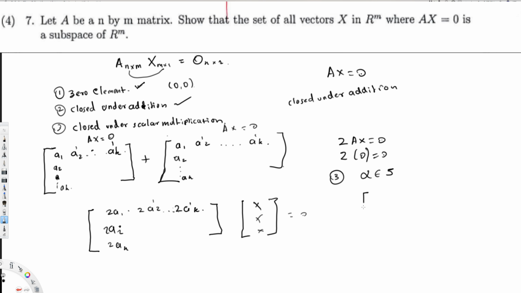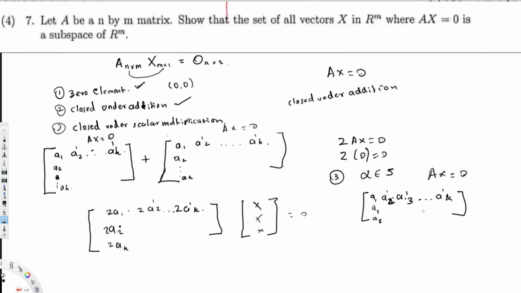So if I take this same thing, a1, a prime 2, a prime 3, until a prime k, we know this one already, Ax is equal to 0.